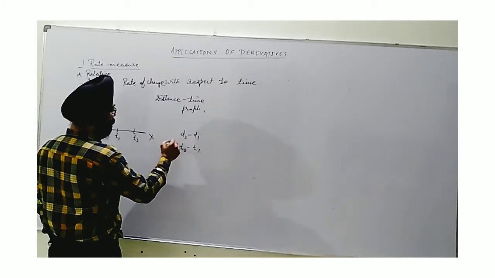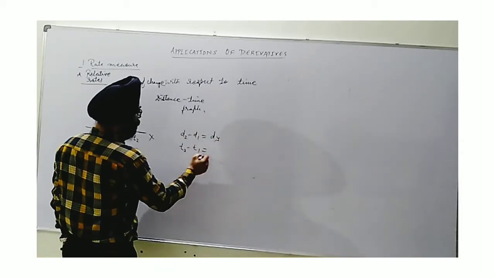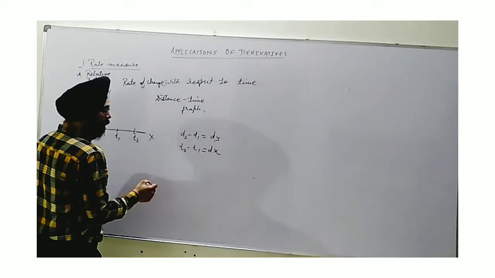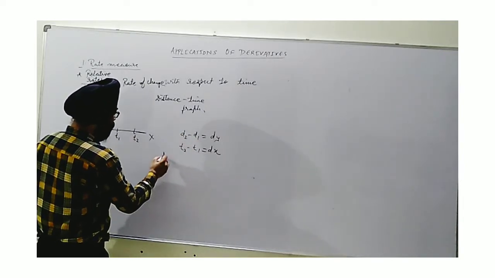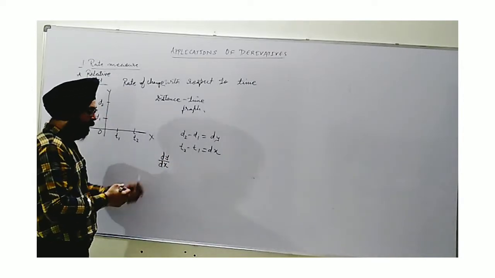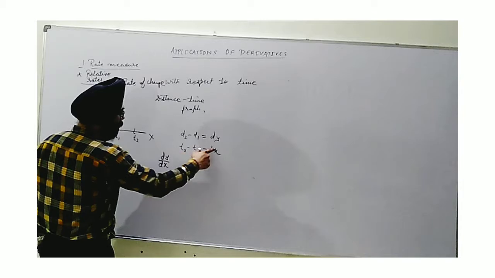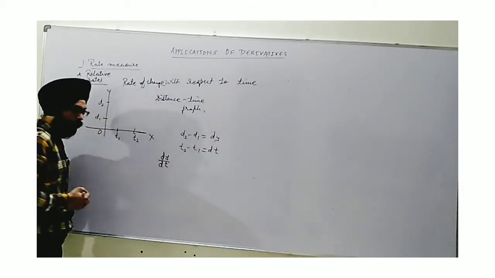If I denote d2 minus d1 by dy and t2 minus t1 by dx, then the change in distance with respect to time will be written as dy by dx, or to show it particularly with respect to time, we can write dy by dt also.